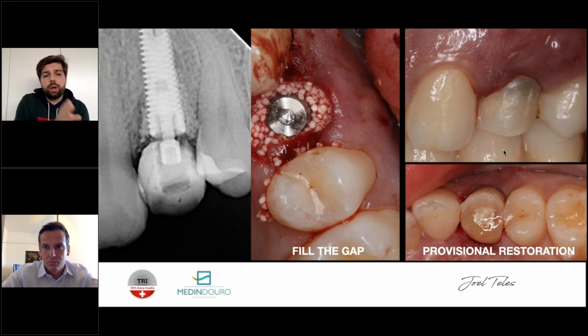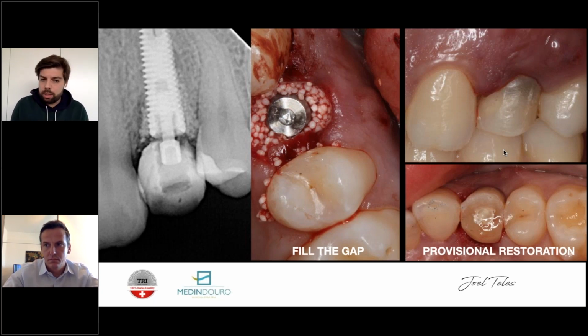From premolar forward, I always use PEEK abutments. I really do not like to use titanium in this situation. And more importantly, from canine to canine. The only disadvantage I see with PEEK abutments is the lack of radiopacity, so you don't get to see them in X-rays, but all the rest is better. So the biocompatibility for me is better.